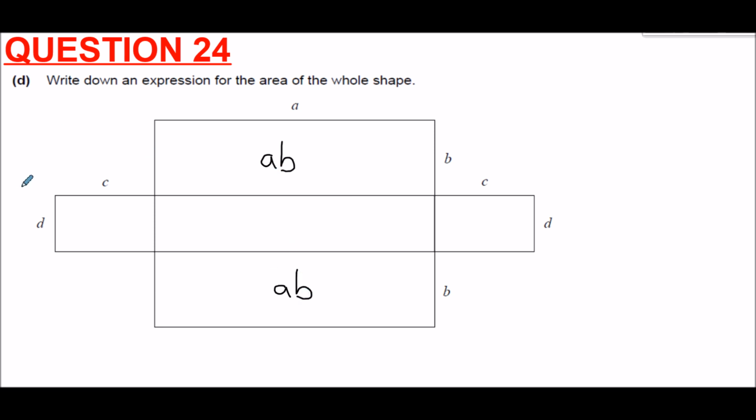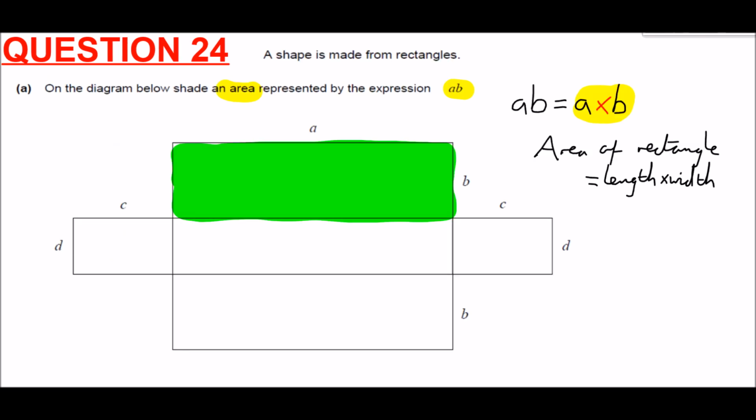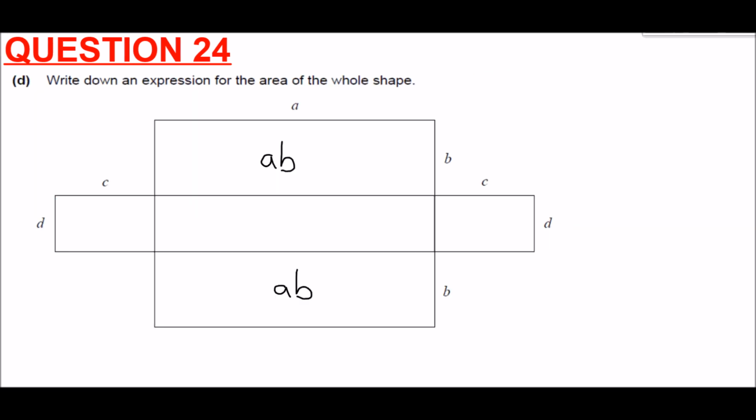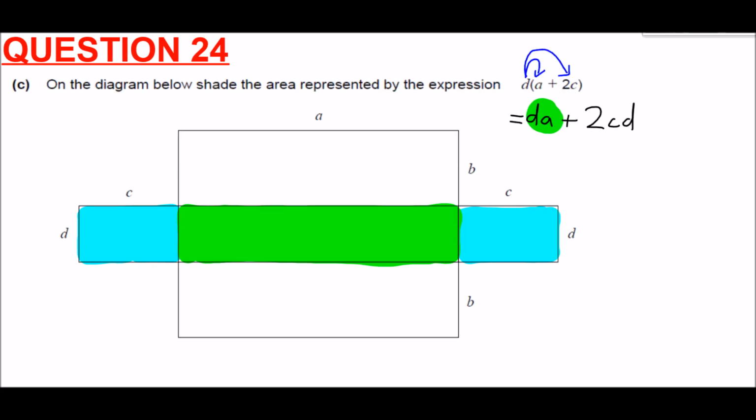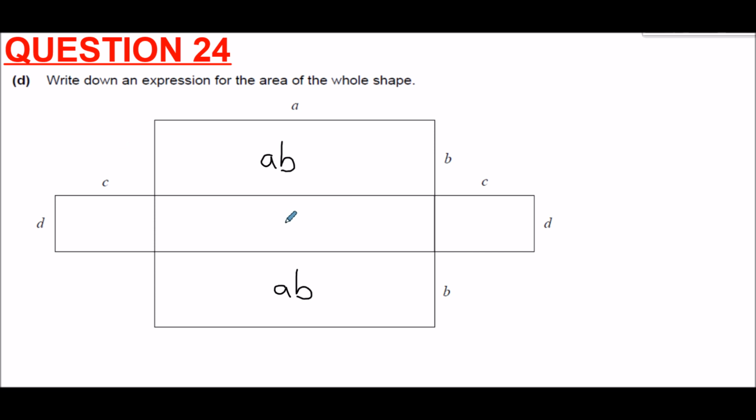So it's just putting together parts A, B and C. So AB, this is the same as one we had from part A, the top one and the bottom one. The middle one we said was AD or DA, depending on which way around you want to do it. Normally alphabetical order is best. And these two ones here are both CD.